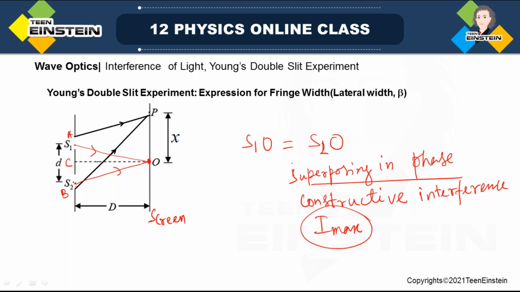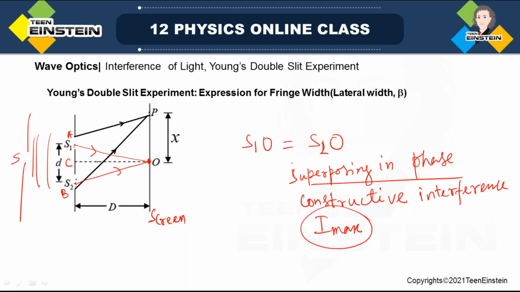And since these two are coherent sources, they are actually coming from the same source. S1 and S2 are illuminated, as you have seen in the previous slide, from the same sodium vapor lamp, so they have the same phase already.